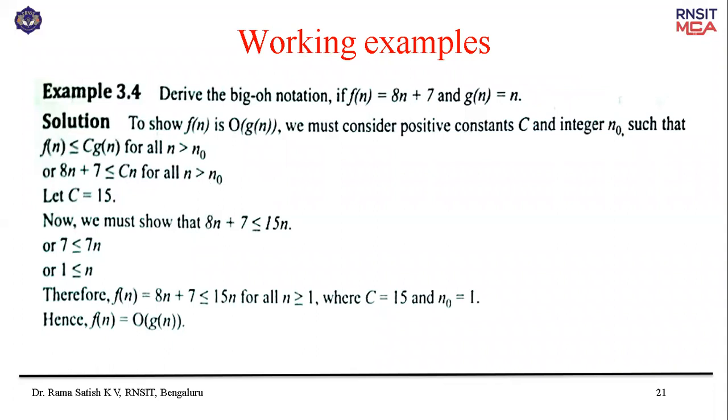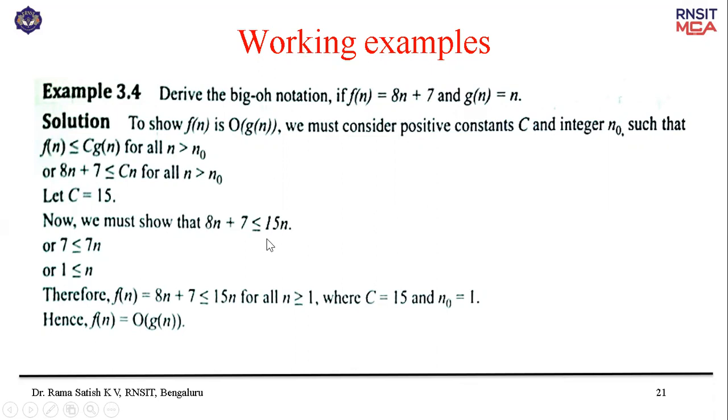If c is 15, then 8n plus 7 should be less than or equal to 15n. Now we must show that 8n plus 7 is less than or equal to 15n.